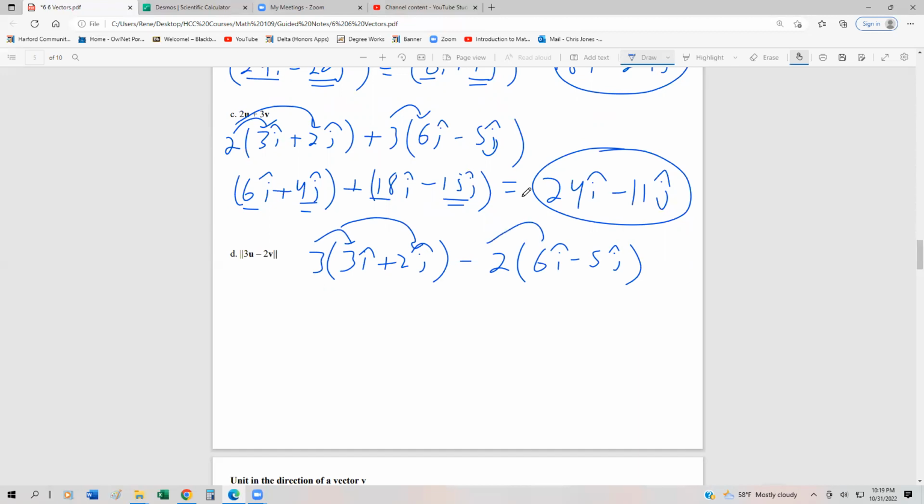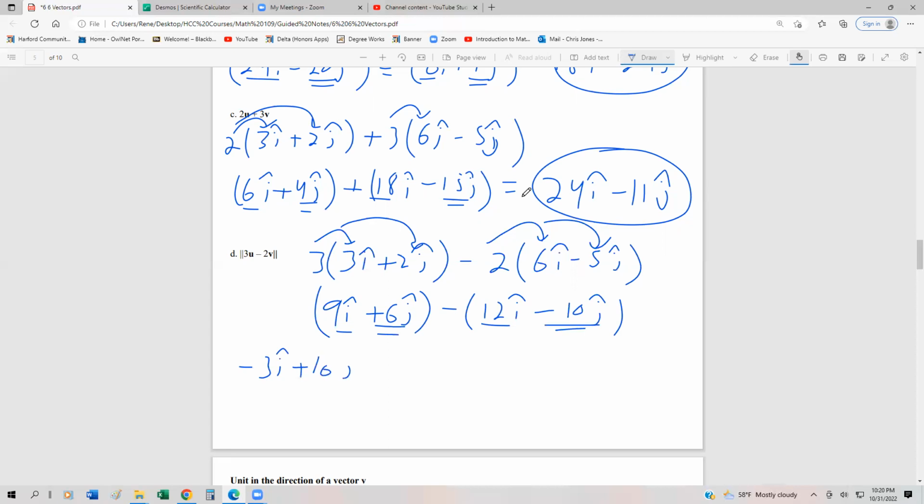So we're going to distribute. All right, and so we're going to get 9i plus 6j minus 12i minus 10j. And so combining like terms, or combining i's, this becomes a negative 3i.